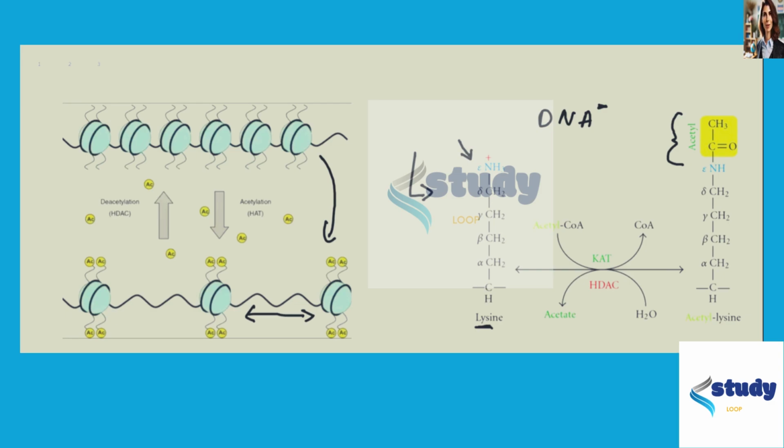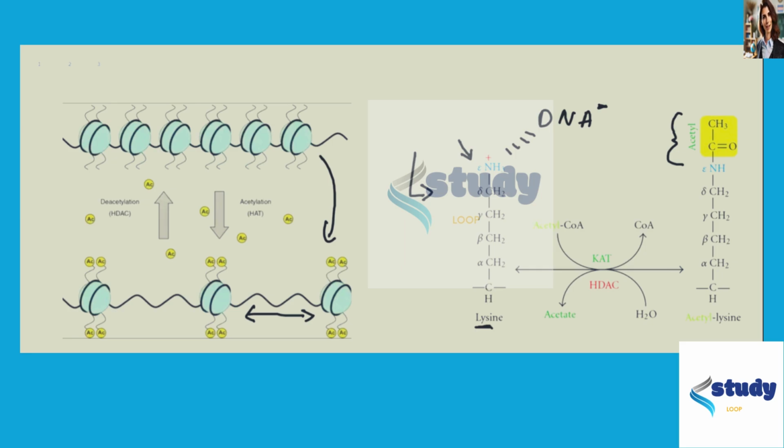So if the DNA is negative and the lysine is positive, there is an attractive force. But when you take that positive charge away from the lysine, the DNA doesn't feel as strong of an interaction with the lysine. So that's how the acetylation of histone tails results in a looser chromatin structure.